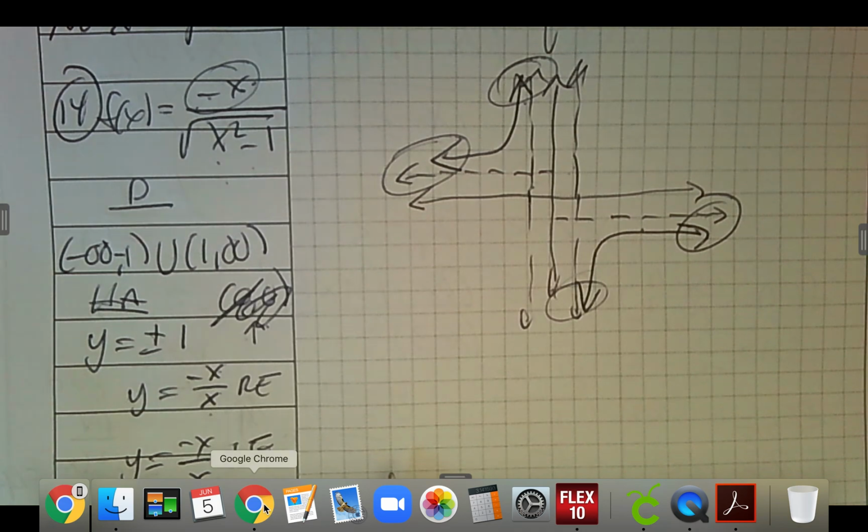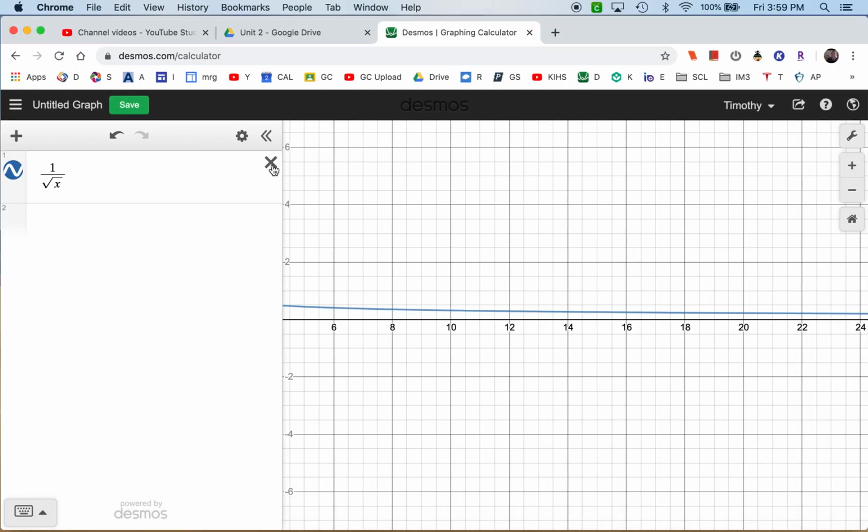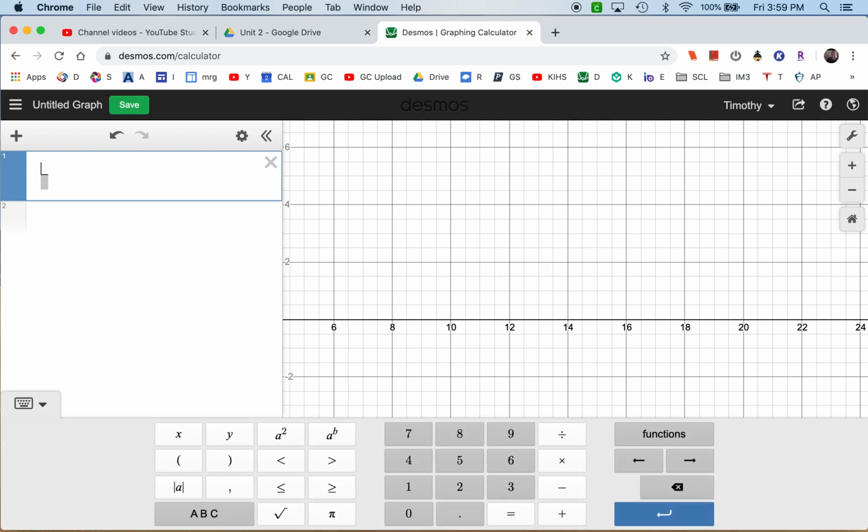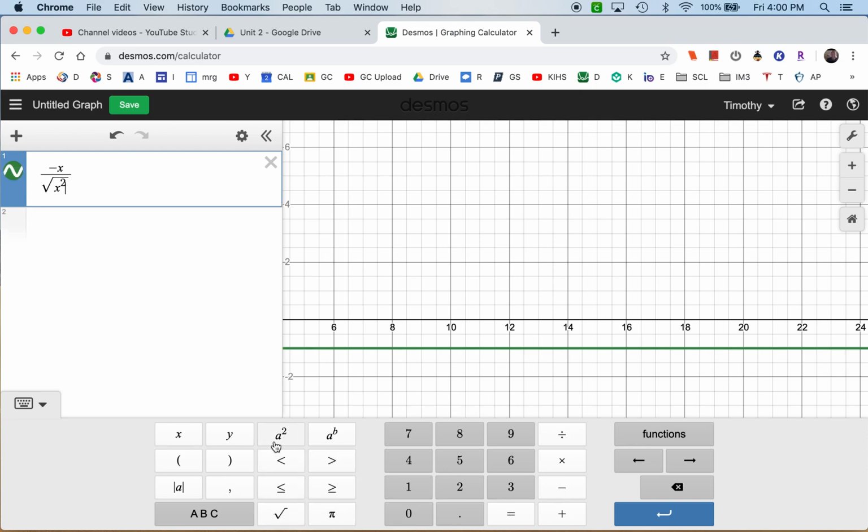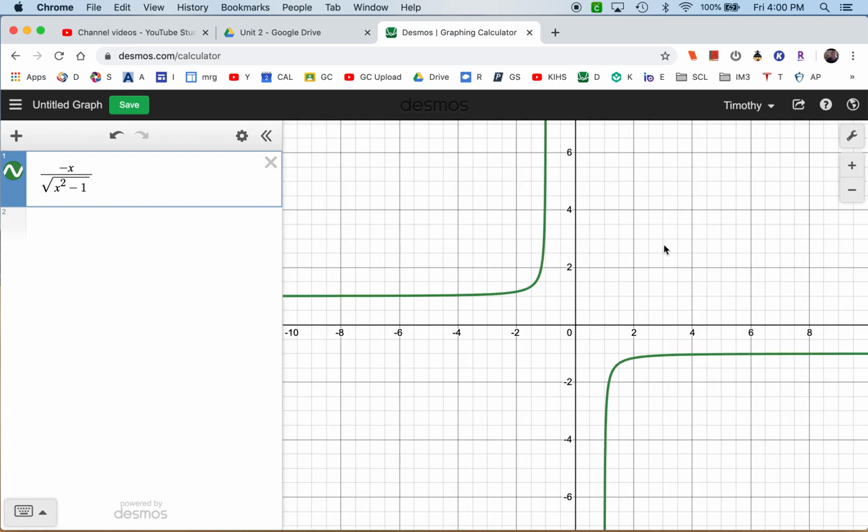So let's go to the graphing calculator, make sure that we're doing it okay. So we have negative x, and then we have the square root of x squared subtract 1. This is the most challenging one to be able to sketch. I'll press the home button here.